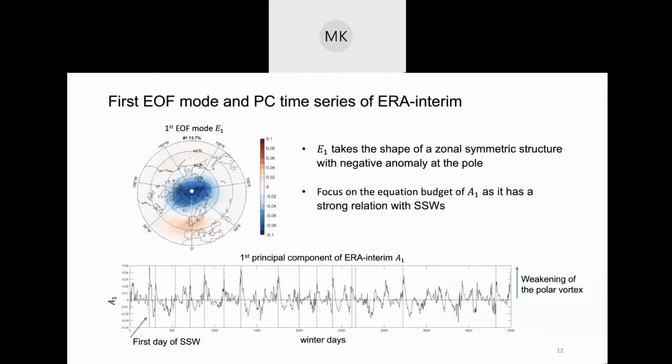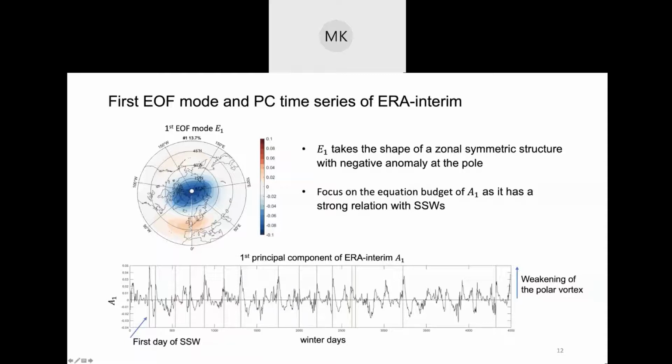Now let's take a look at what the first EOF mode looks like. It is shown on the upper panel. The first EOF mode takes the shape of a zonally symmetric structure with a negative anomaly centered at the pole. And then we look at the corresponding first principal component A1 of the ERA-Interim winter daily data, which is shown in the bottom panel. The x-axis shows the winter days, and the y-axis is A1.